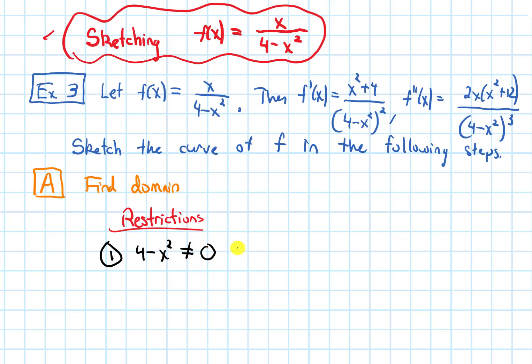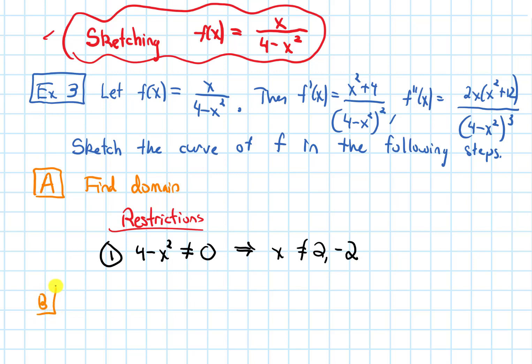When is 4 minus x squared equal to 0? That only happens if x is 2 or negative 2. So x should not be allowed to be equal to 2 or negative 2, because those values would have made the denominator 0. So the domain is everything except for 2 and negative 2. That is the first step.